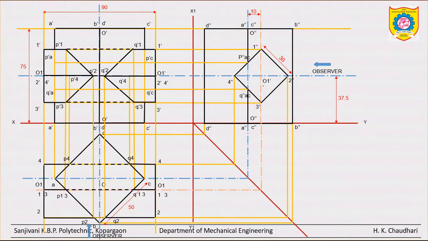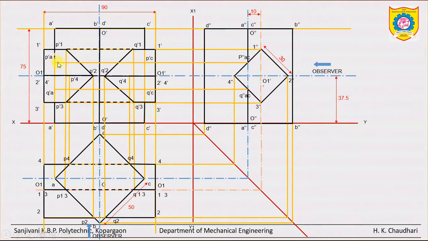Okay, and for the 3 4 surface, that means the bottom side, see here it is 1 2 as well as 2 3. See here 1 2 and 2 3, 1 4 surface and 3 4 surface are on the back side. So we must identify the back side portion. So here the hidden edges.